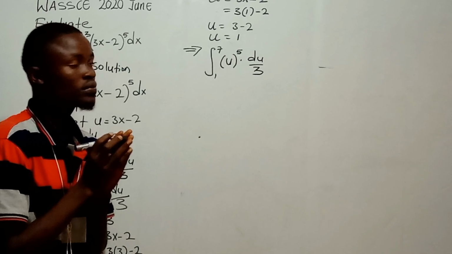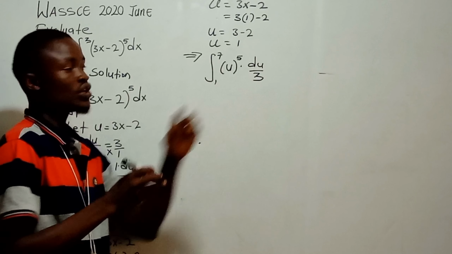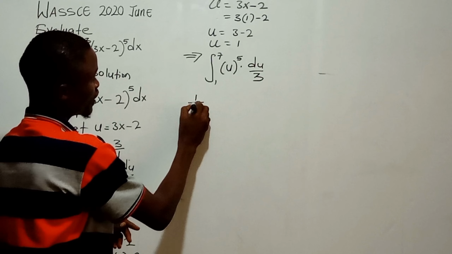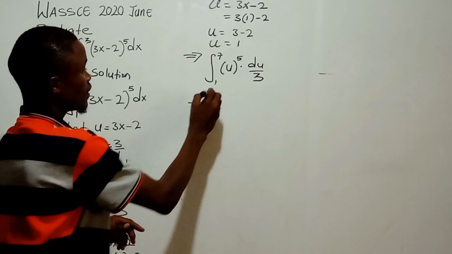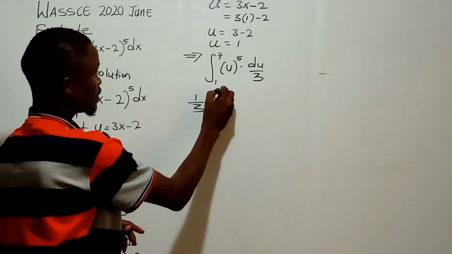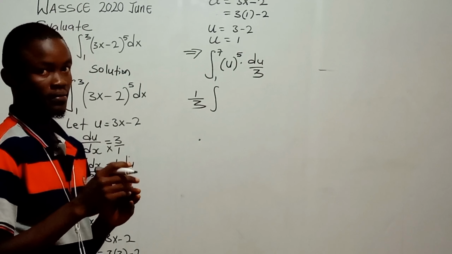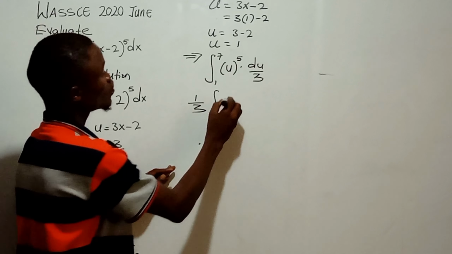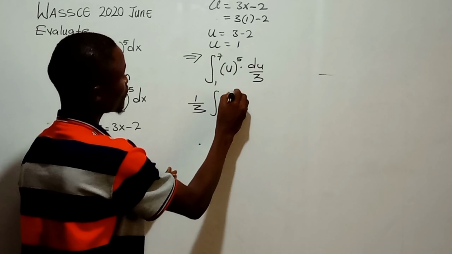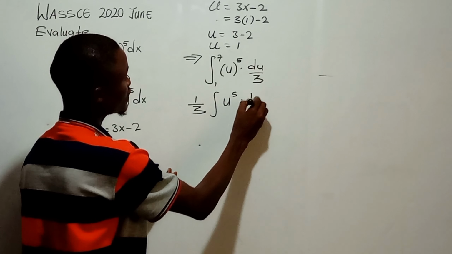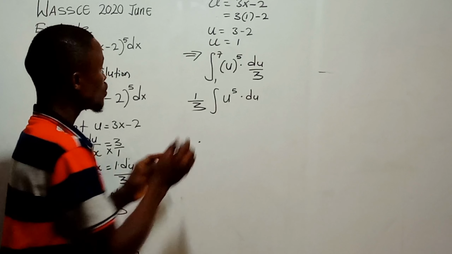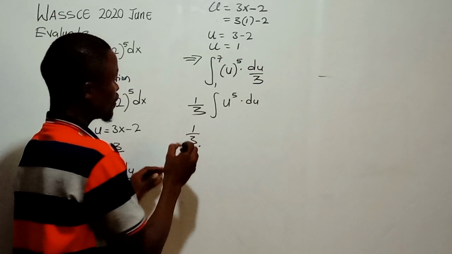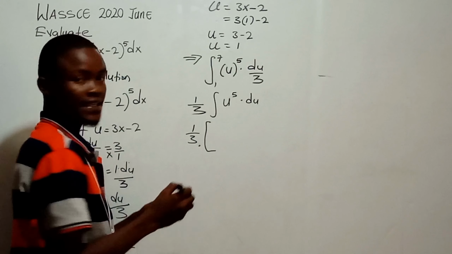So what we need to do, there is a 1 upon 3 here. You take this 1 upon 3 out of the integral; we are going to make use of the limits when needed. So u raised to the power 5 times du. So 1 upon 3, you then integrate.